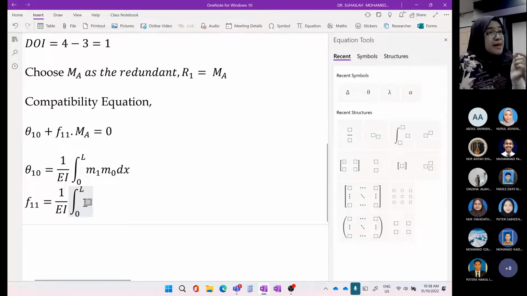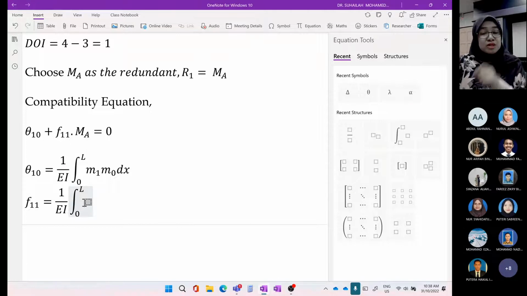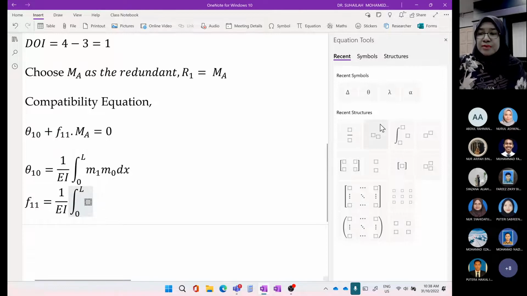Instead of M1, if we want to write in terms of A to A position, it will be theta A naught plus FAA times MA equal to 0. So theta will be theta A naught, with MA and M naught, and FAA becomes MA square dx. This time because we use F11, it will be M1 square.